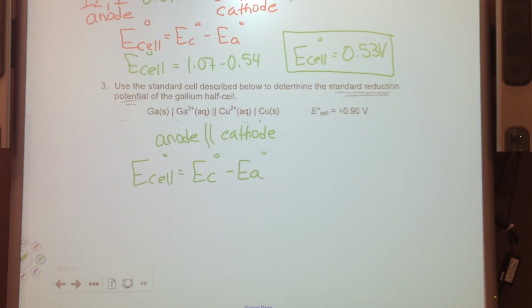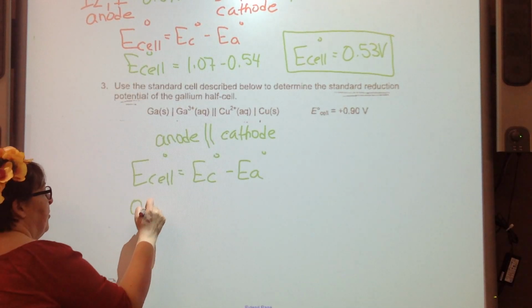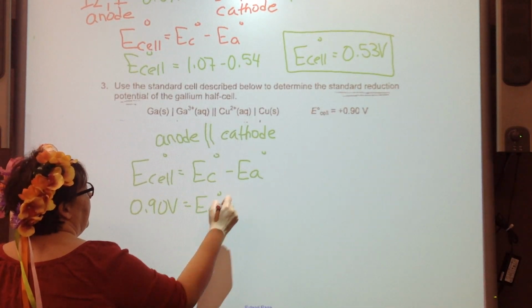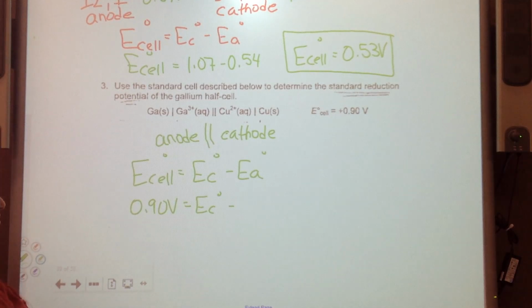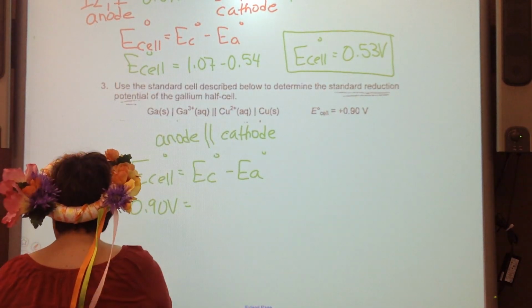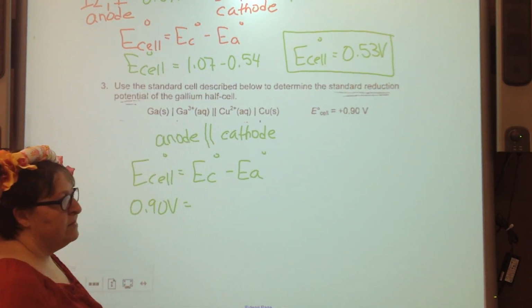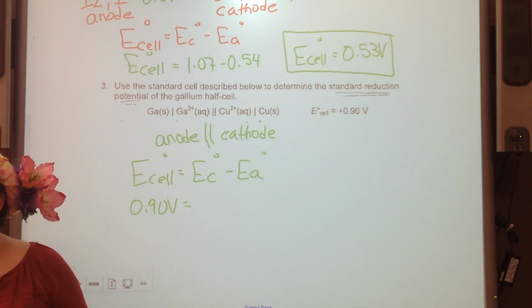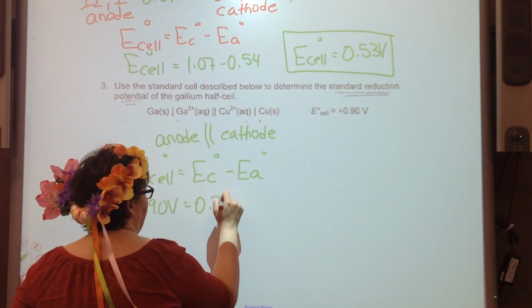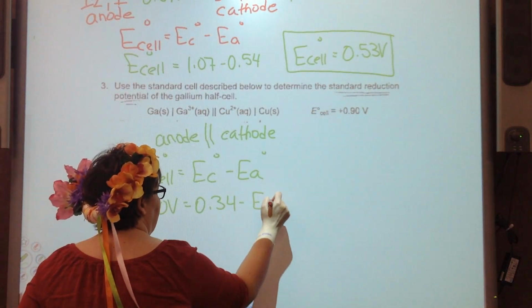Okay? So we have 0.90 volts equals E cathode, or no, gallium. We have a cathode. Copper is 0.34, positive, minus E anode.